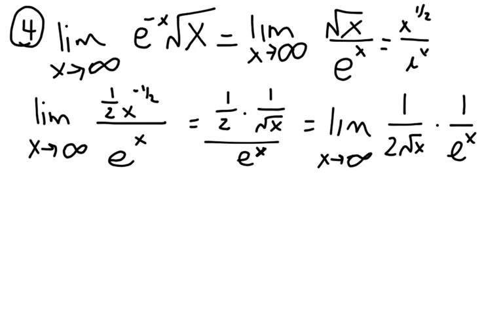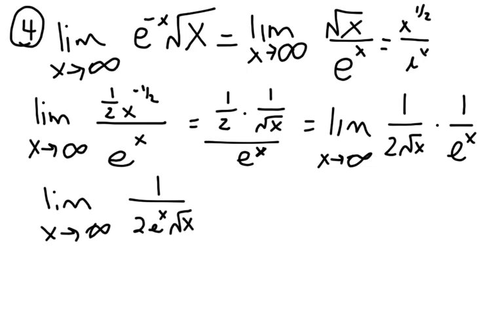Okay, so I'm plugging infinity in for the x's here on the bottom. I'm taking the limit as x approaches infinity of 1 over 2 e to the x square root of x. Well, if I put infinity in for the x's in both of these, they equal infinity. So I have 2 times infinity, which is definitely going to be infinity on the bottom. 1 over infinity is approaching 0. So the limit is equal to 0.